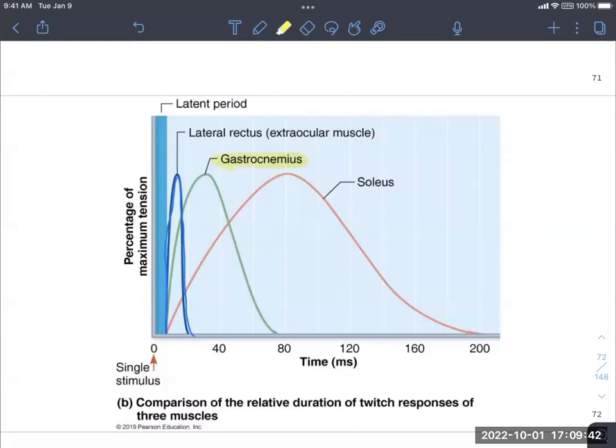That gastrocnemius is in the back of your calf. It is the muscle that you can see that gives your calf its shape.